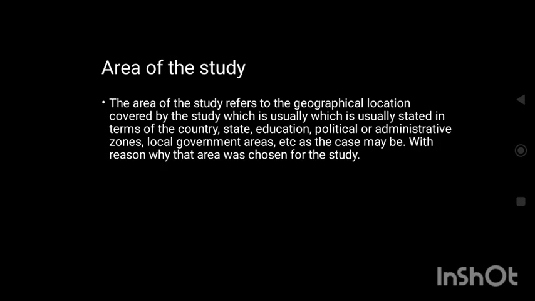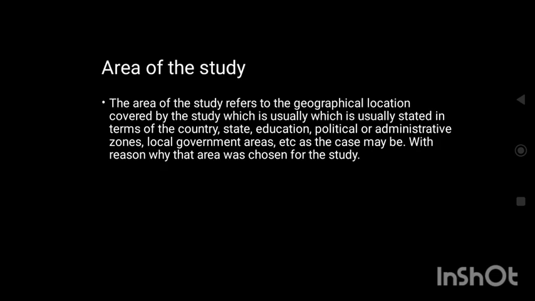So what this long English is telling us here is that the area of the study is where you specify the area you are using for your study. Are you using a local government? Are you using a whole state? Are you using a particular political zone? Are you using a particular country? You understand? So it is under this area of the study that you will state that for us.